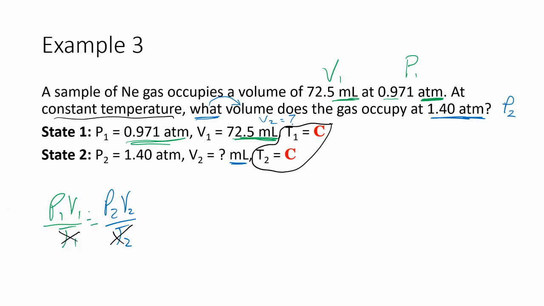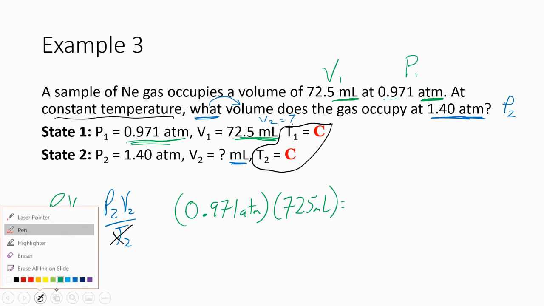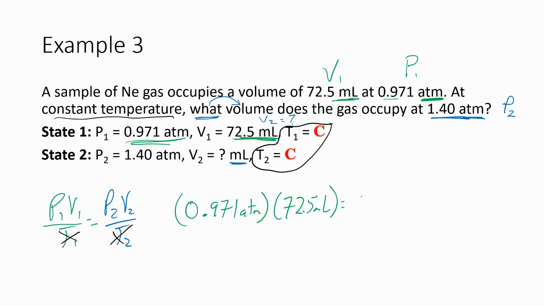So now we're going to substitute in for P1 the 0.971, and we're going to sub in for V1 the 72.5, and that's going to equal, we're going to sub in for P2 the 1.40, and our V2 is our question mark, so we're going to leave that as a variable.